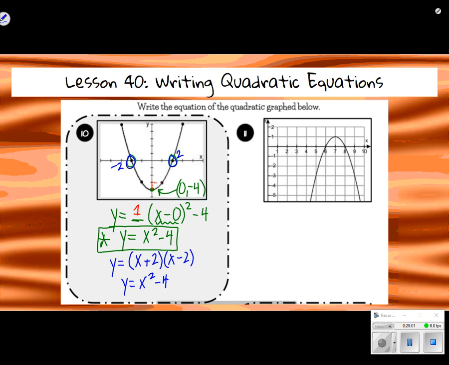So you get the same thing regardless. So it depends on what you have. And I want you to practice with both, because sometimes the vertex is not very nice, but the zeros are. And sometimes the zeros are not very nice, but the vertex is. So if you're good either way, then you're going to be able to write the equation no matter what.